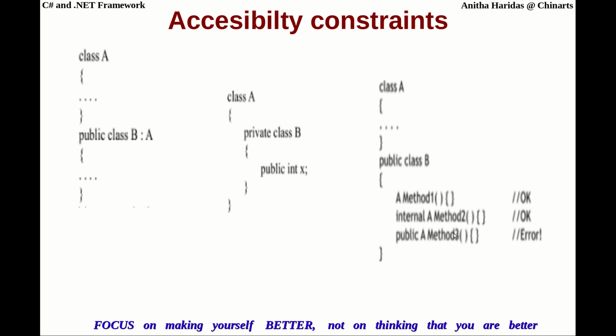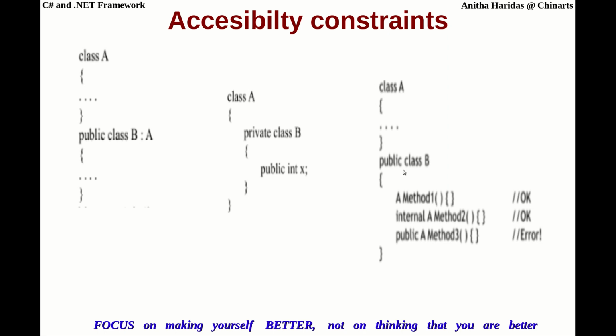Now I am going to declare methods: method 1, method 2 and method 3. Method 1 is returning A as the return data type. Method 2 is also returning A. Method 3 is also returning A. Now what is the visibility control of class A? The visibility control of class A is internal.